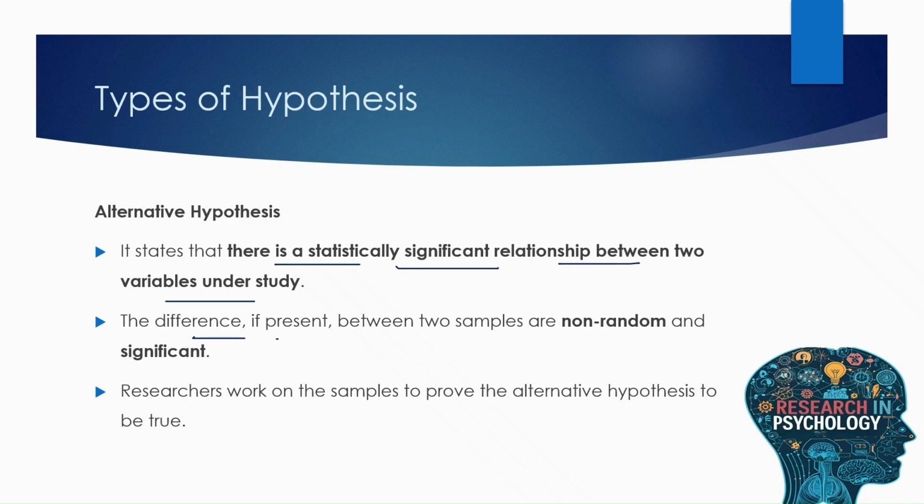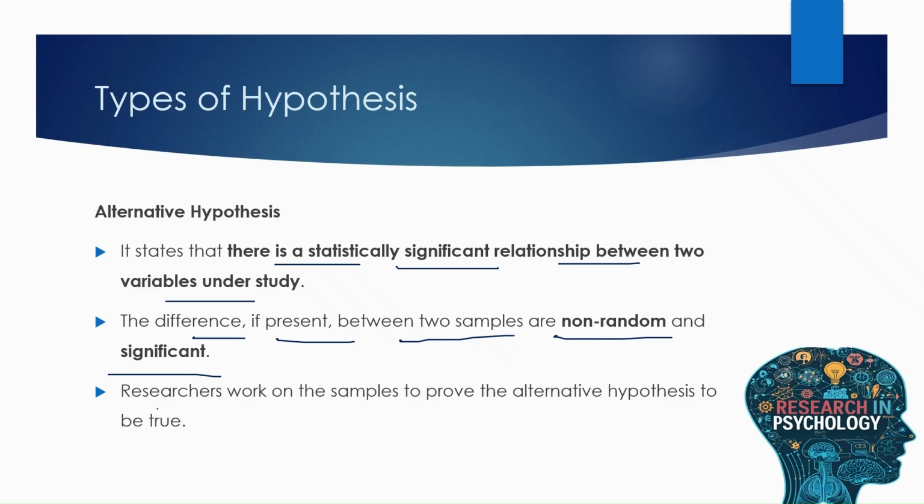The difference, if present, between two samples is non-random and significant. What was null hypothesis stating? That difference, if present, is random or unimportant or by chance, right? Here it's exactly opposite. Alternative hypothesis states that if the difference is present between two samples, it's not random and it's significant. It is important.